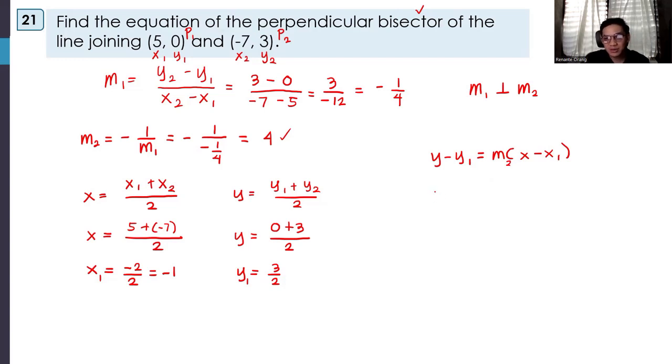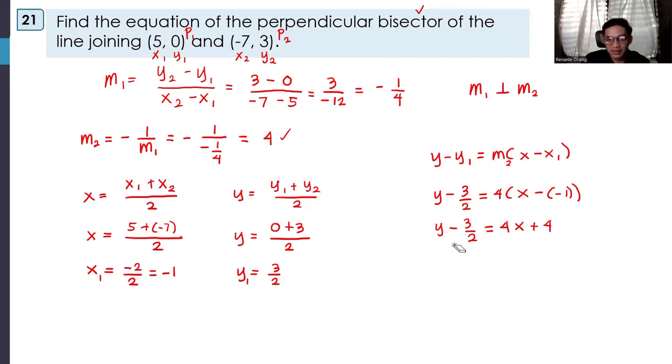So substitute, that is y minus 3 over 2 is equivalent to 4 multiplied by x minus negative 1. Then simplify. We have y minus 3 over 2 is equivalent to, multiply natin magiging 4x. Ito, negative times negative is positive, times 4 is positive 4.